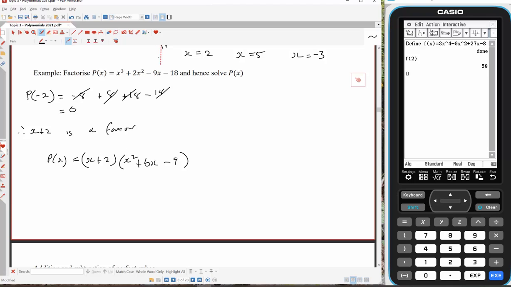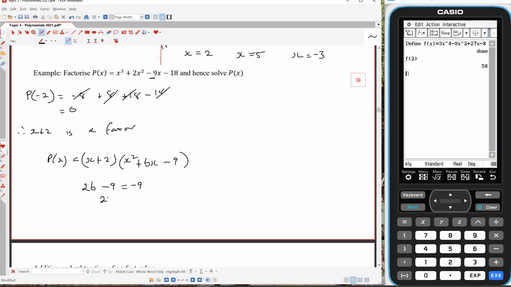Alright, so same as last time, what I'm going to do is work out how I'd make an x term. Okay, so the x term is going to be made by doing 2 multiplied by bx, but I'm only interested in the coefficients, so that's 2b and x times negative 9, so that's negative 9 as the coefficient, equals, coefficient over here is negative 9.